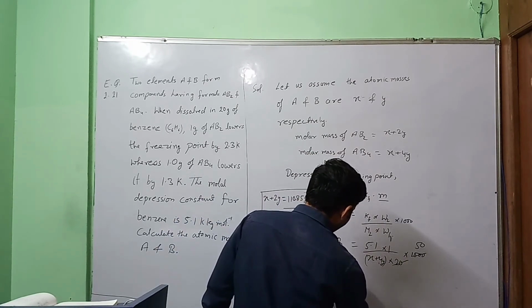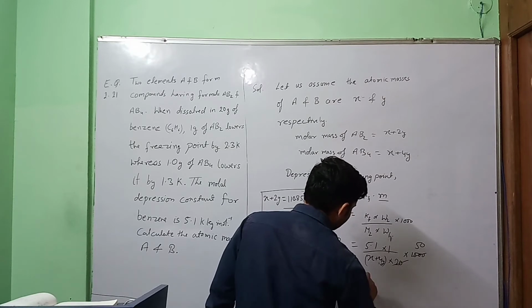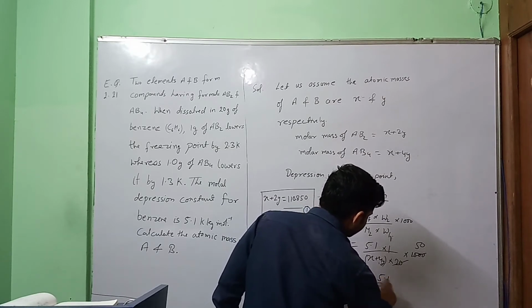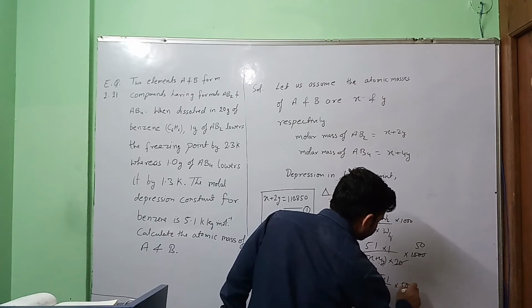Now X plus 4Y equal to 5.1 upon 1.3 into 50.